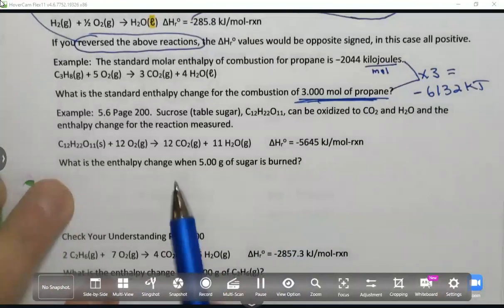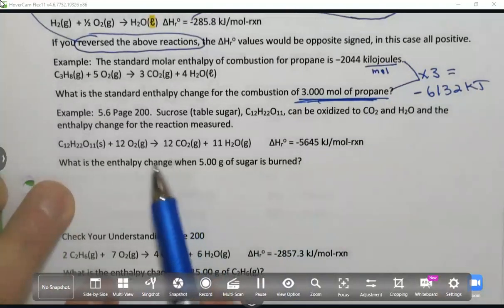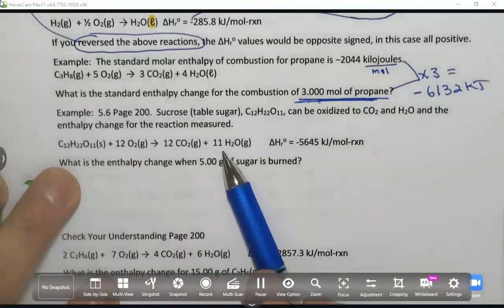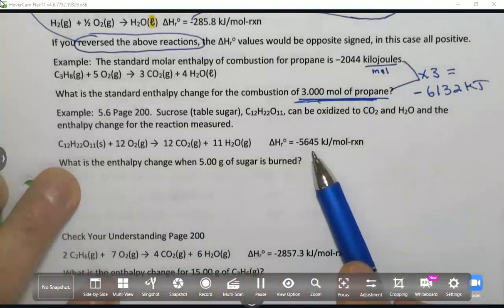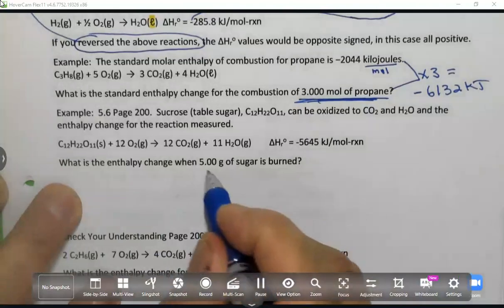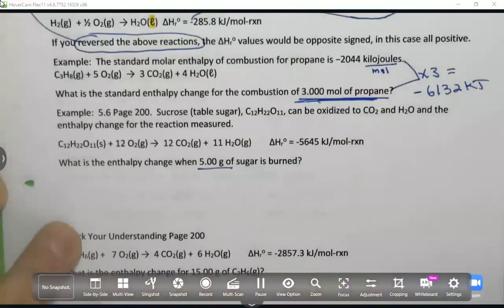All right, we've got time to do one reaction here. This is table sugar, which breaks down with oxygen into carbon dioxide and water. You get negative 5645 kilojoules per mole. What if you had 5 grams of sugar?